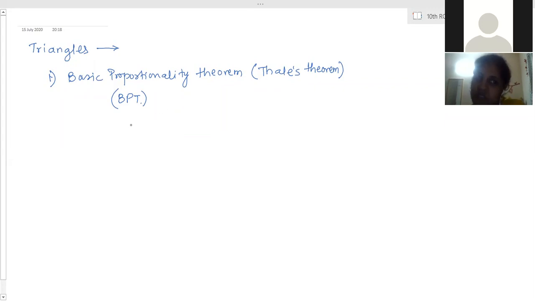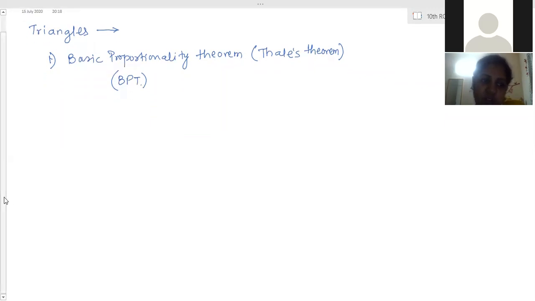So one by one, we are starting with the triangles part. First part we will learn is basic proportionality theorem, basics of similarity of triangles actually. So what is basic proportionality theorem?